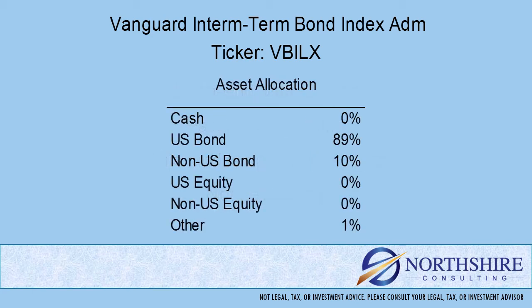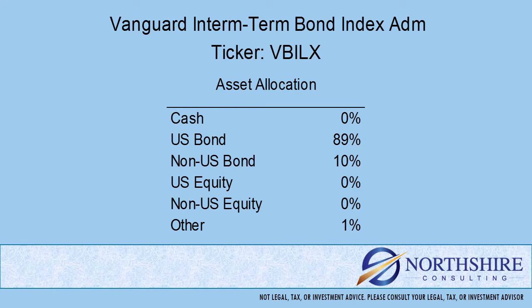When we look at a basic asset allocation like this, there's a couple things that we look at. The first is stock to bond ratio, or equity to bond ratio. So bonds, we have non-US, US, and cash we usually lump into that category as well. As you can tell by this portfolio, it's more so weighted in bonds than equities.